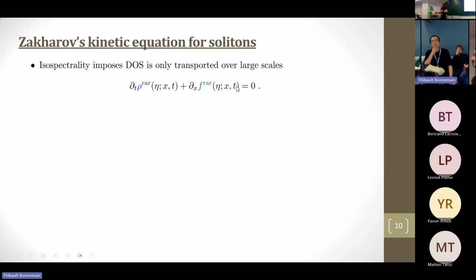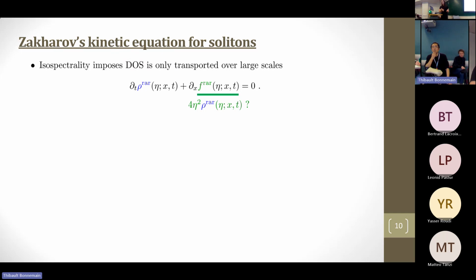From which we can deduce this relation between the density of states and the spectral flux. And the question here is now how to relate F to ρ. Okay. And naive people think that F should just be the density of states times the velocity of a soliton with spectral parameter eta, which is 4 eta squared.